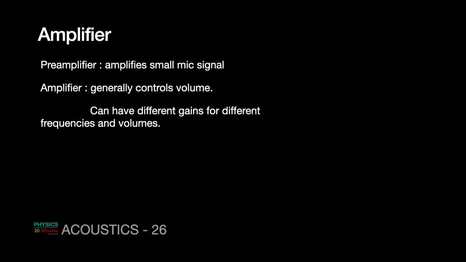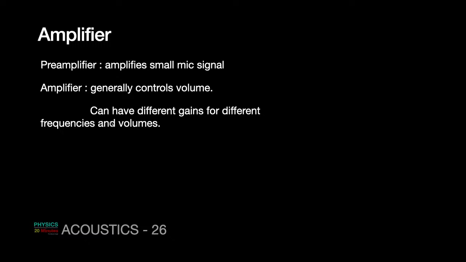An amplifier can have different gains for different frequencies and volumes as well. We'll come to details about it a little later, but just to specify the point, the preamplifier has the same gain for all the frequencies. The job of the preamplifier is just to amplify or strengthen the signal a little bit. An amplifier can have different gains for different frequencies.